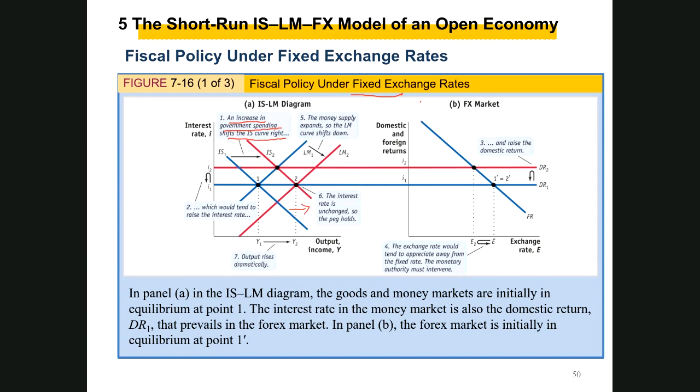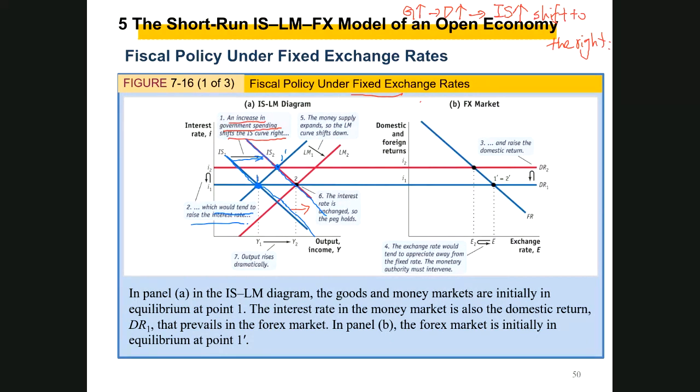D will increase, so the IS curve shifts to the right. Originally your IS curve is here, shifted to the right, here. Okay, so now it raises the interest rate. Originally your interest rate is at 1. Now your interest rate is supposed to be here.